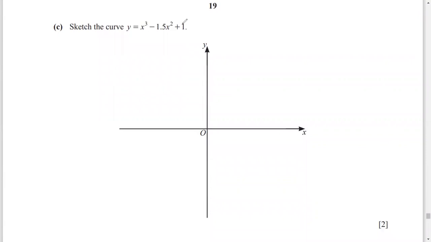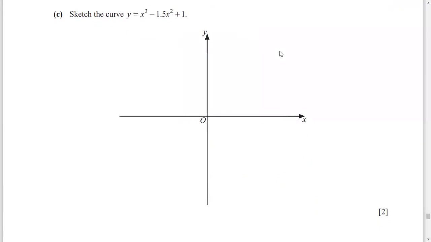Now for part C, sketch the curve y is equal to x cubed minus 1.5x squared plus 1. So dear guys, because it is a cubic equation, the graph of a cubic equation has two turning points. One is a maximum, obviously, and the second is a minimum.